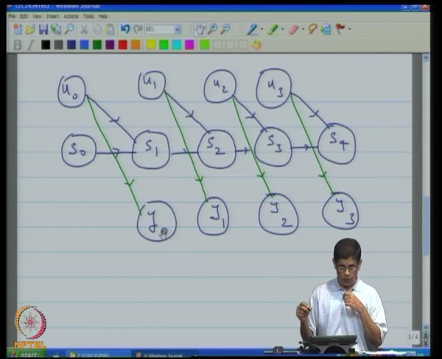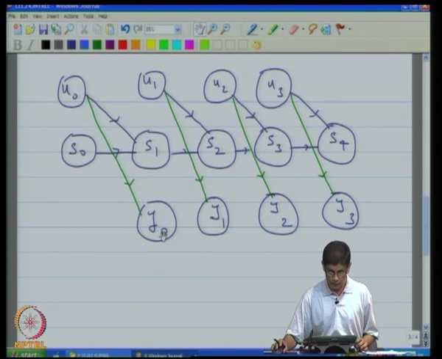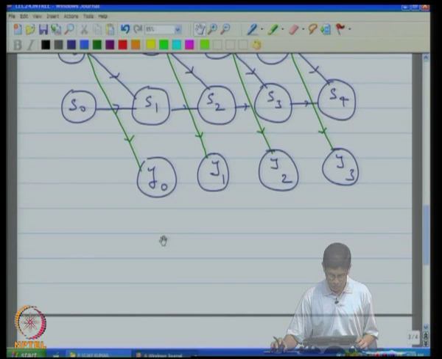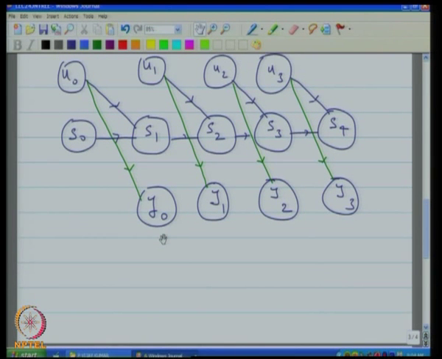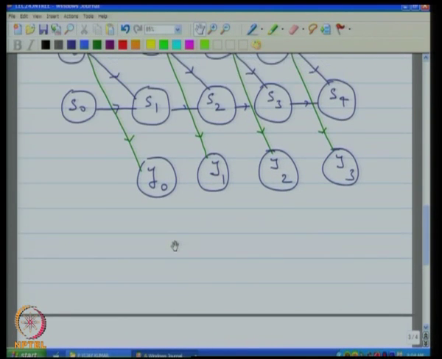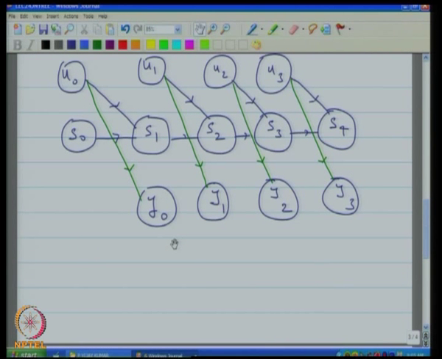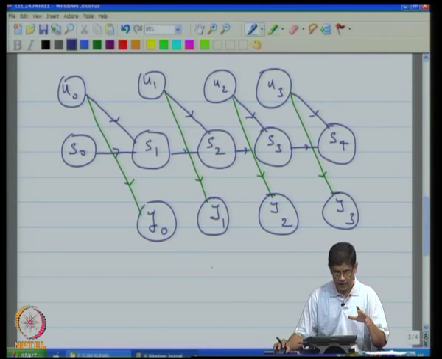I want to write down an expression for the joint probability distribution based upon inspection. The way you should interpret this diagram is that this is what is known as the directed acyclic graph associated to a joint probability function.